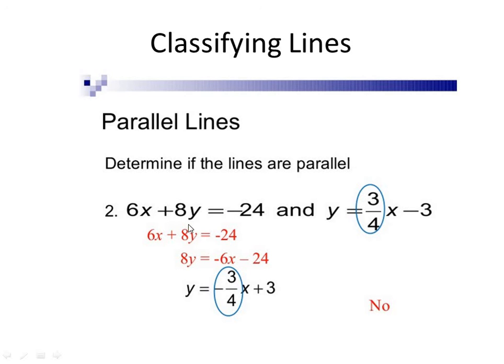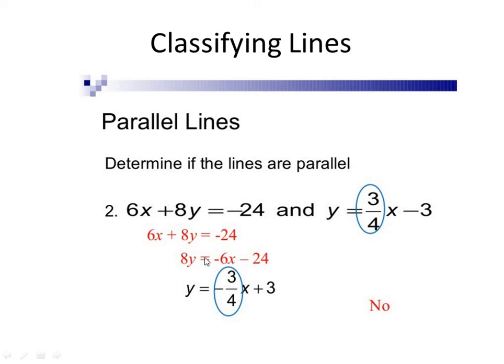I have to convert the standard form into the slope-intercept form. To do that, I have to keep y alone. I first remove 6x by subtracting 6x from both sides, so it will be minus 6x minus 24 on the other side, and here 6x minus 6x will be 0, so it is gone. Now I have 8y equals minus 6x minus 24.